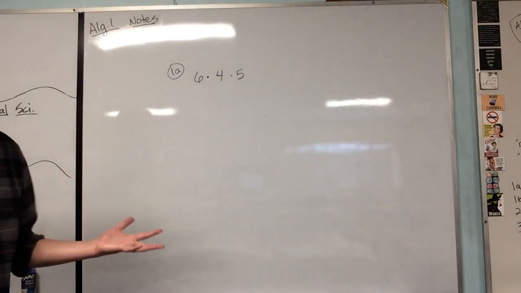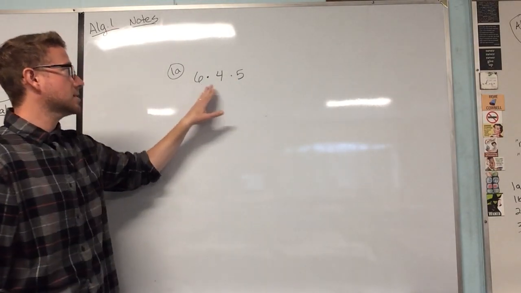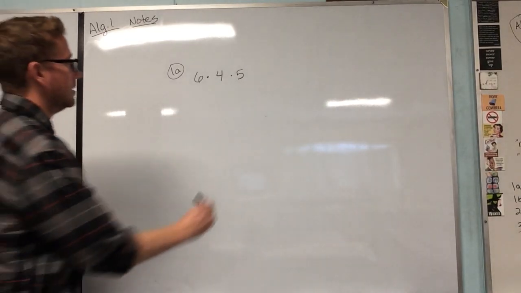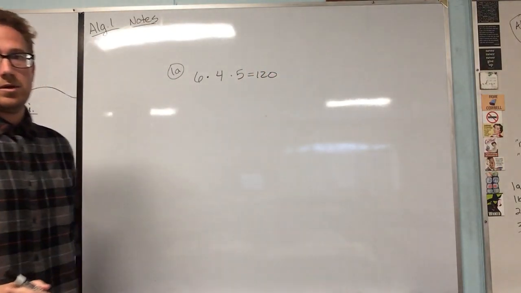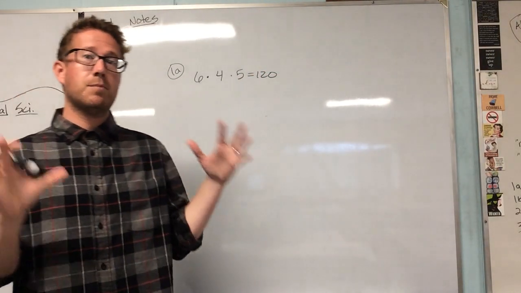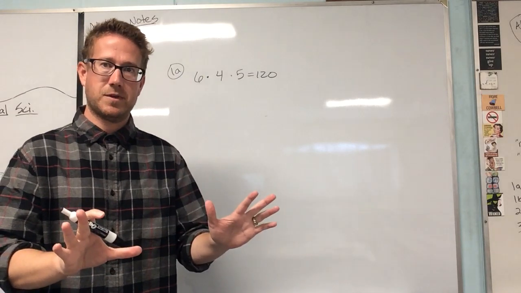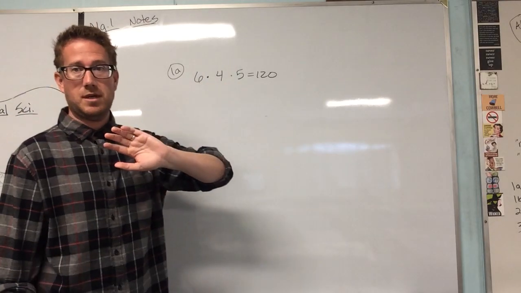How many adventures are there? So this is literally all you're going to be plugging into your calculator. 6 times 4 times 5, and you're going to be getting 120 different outcomes. So the fundamental counting principle, that's our basic intro concept. Okay? And so that's just what you're given, multiply those numbers together.